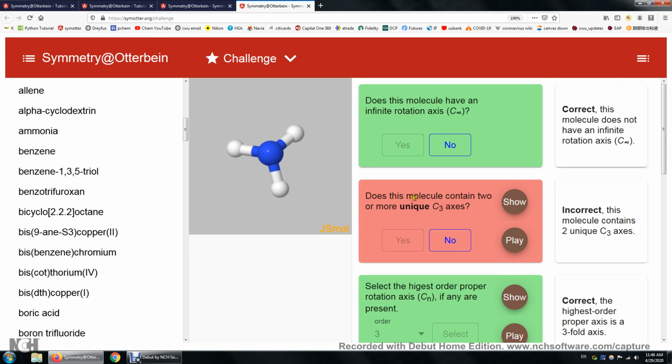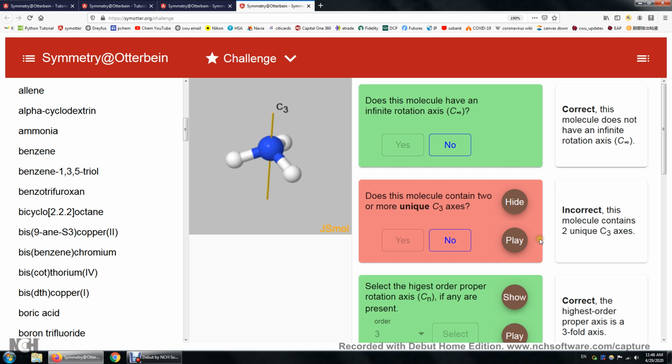Over here, again, does this molecule contain 2 or more unique C3? I'm not sure about this. I think there's only 1 C3. I think this is wrong.